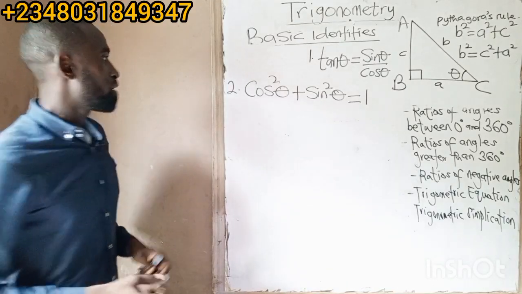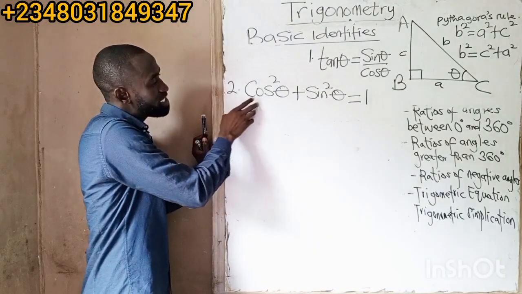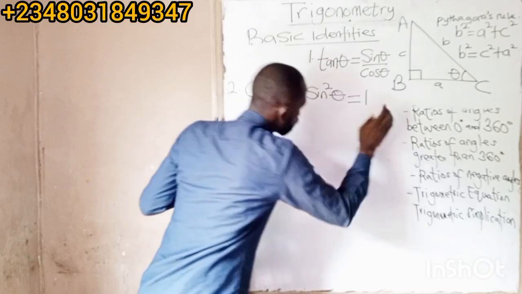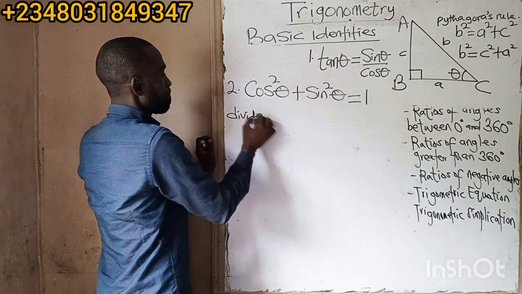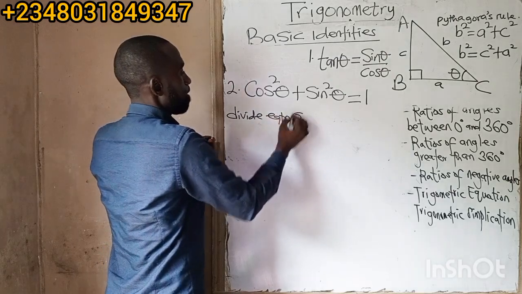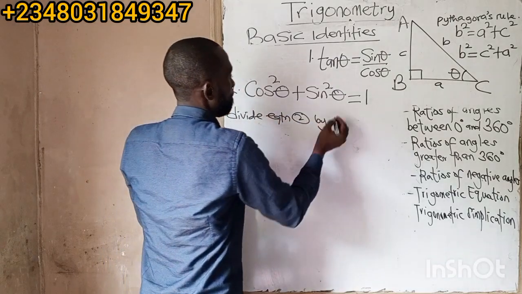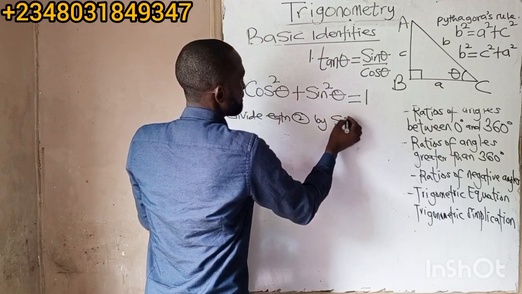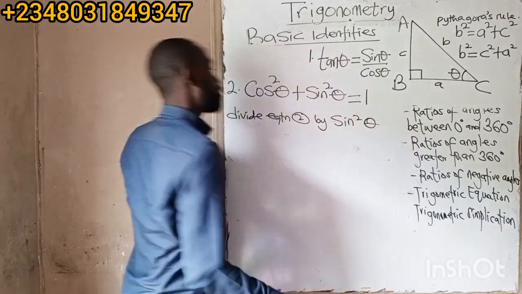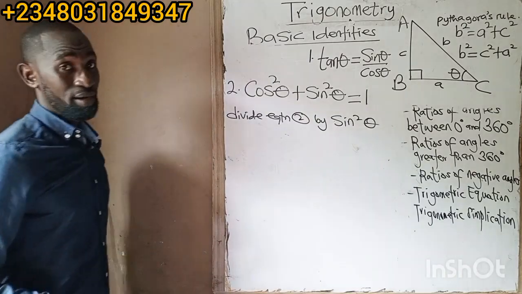What's the third one? If I now divide equation 2 by cos square, let's just see what will happen. Divide equation 2 by, okay, let's use sin square theta first. We now come back to use cos square theta.